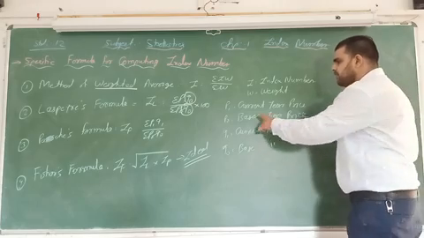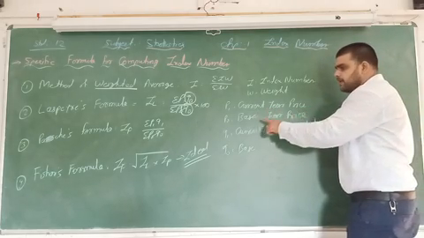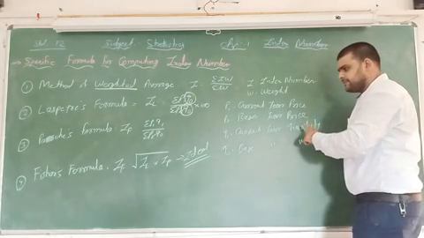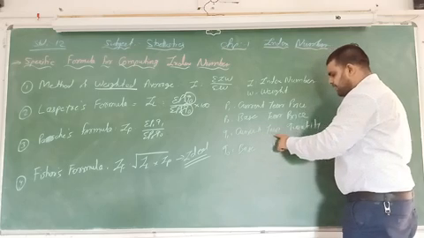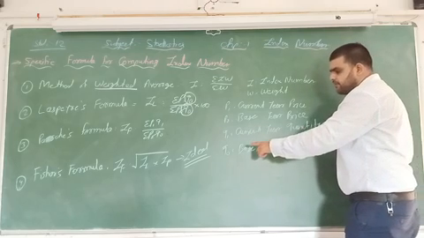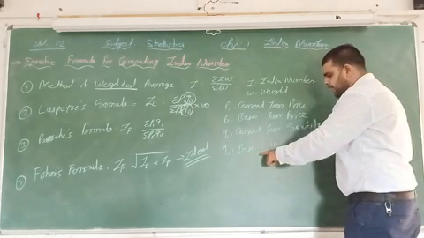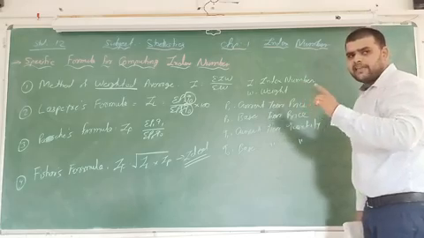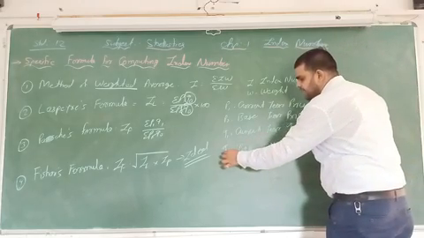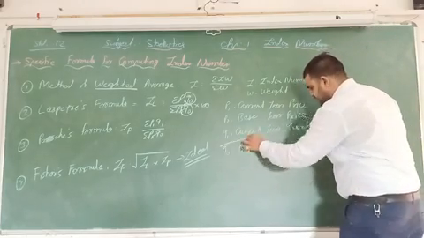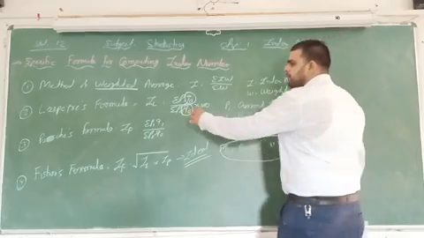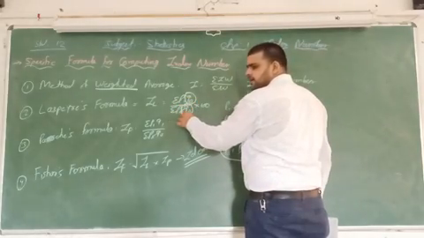P1 is equal to current year price, P0 is equal to base year price. Same as Q1 is equal to current year quantity and Q0 is equal to base year quantity. It means that Laspeyres gives the importance of base year quantity, and that is why in that formula we are using P1 Q0, P0 Q0.